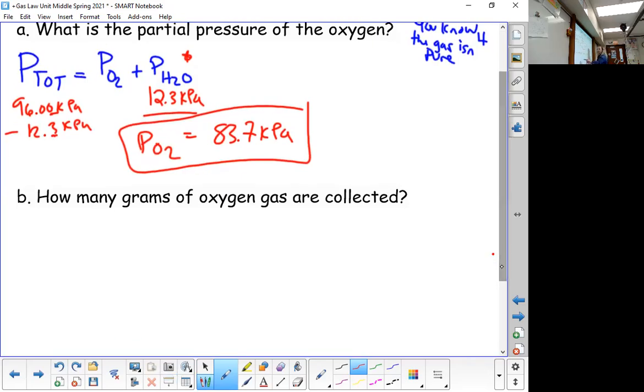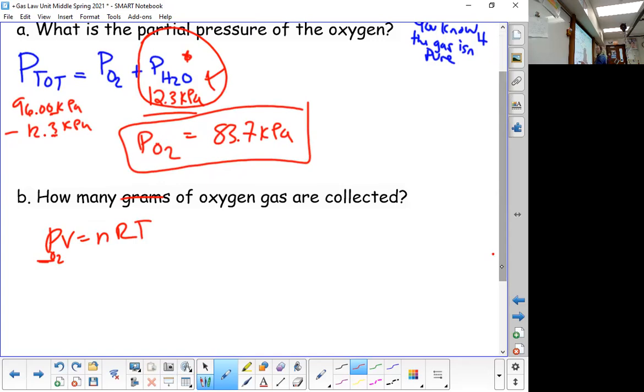okay, so if we want grams, we need the amount. We're not at STP here, and so we now have the pressure of oxygen. So we can't use the total pressure unless we knew how many water molecules this amount of pressure would equal, then we could use the total pressure value, but we don't have that, okay?